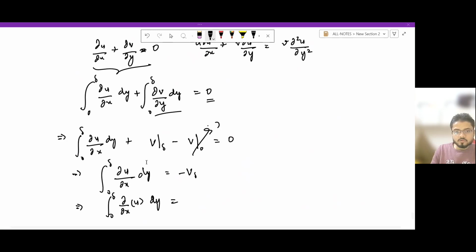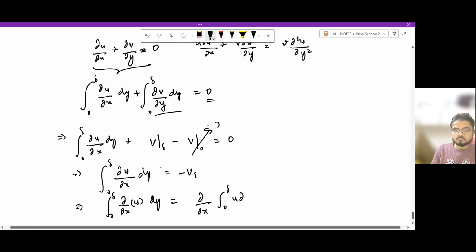You could find it in any standard mathematical textbook. Something like del over del x integral 0 to delta u dy minus something.